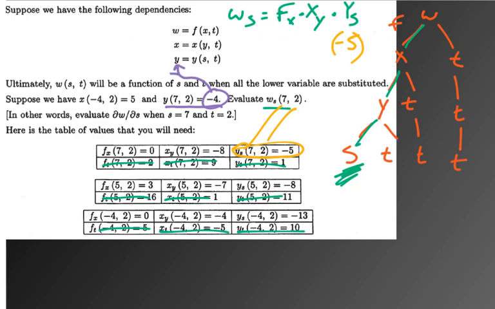So for the x one, we need the y to match, right? We want to be at the same exact point. So then really it's telling us that the x with respect to y that starts with a -4, which is right here, is the one I want. So that's going to go in right there.